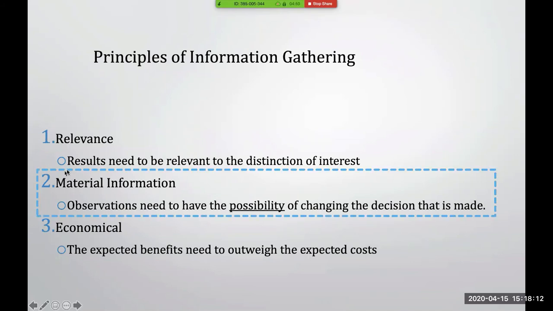So we'll take a closer look at the second principle, material information, in this part of the lecture for chapter 13. Material information is the information that can potentially change the course of your action.